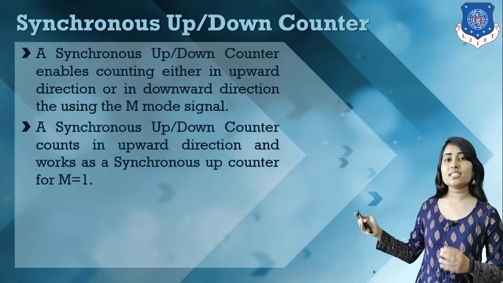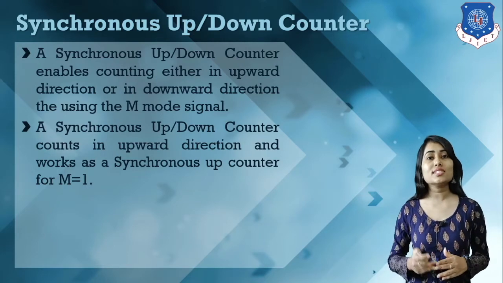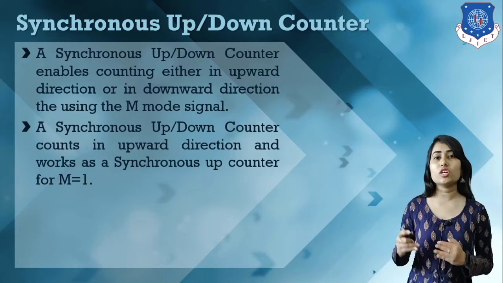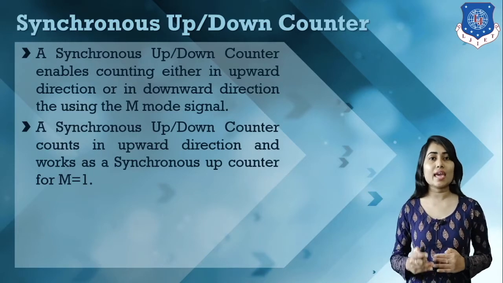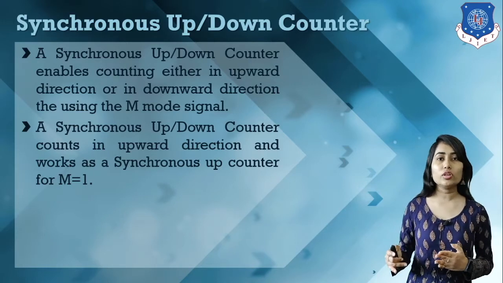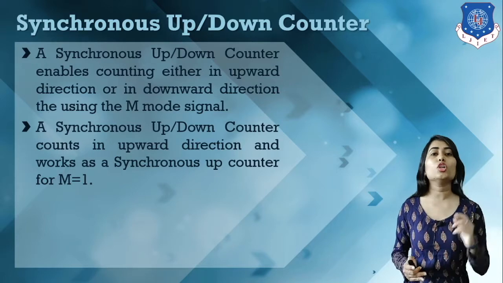This synchronous up and down counter works as an up counter whenever M is equal to 1. Whenever M is equal to 1, we have a synchronous up counter sequence, that means it counts in an upward direction, small to large.